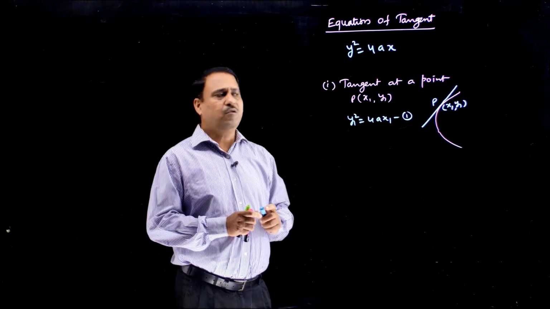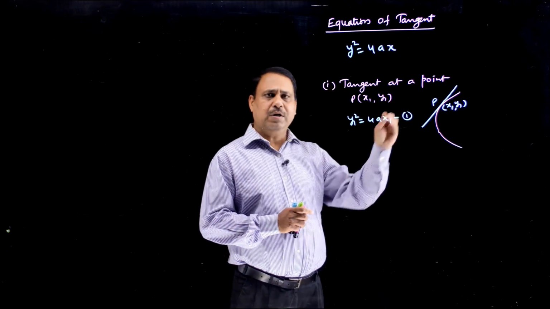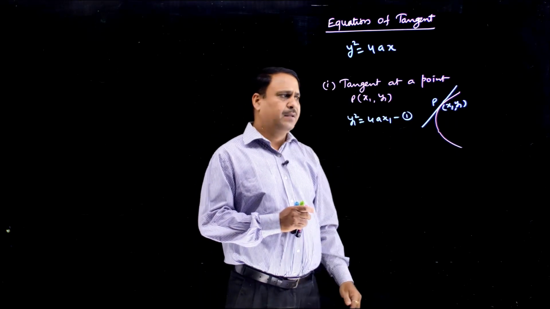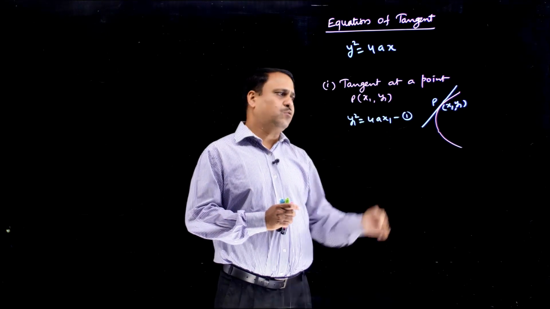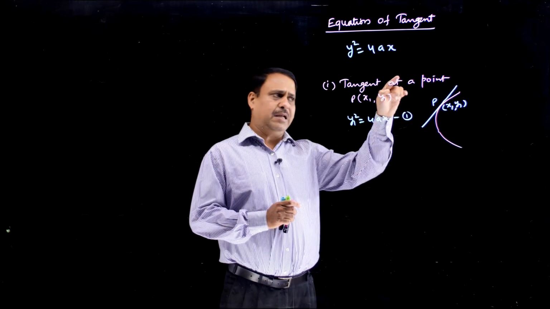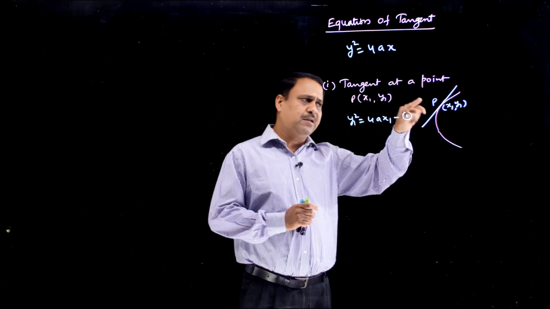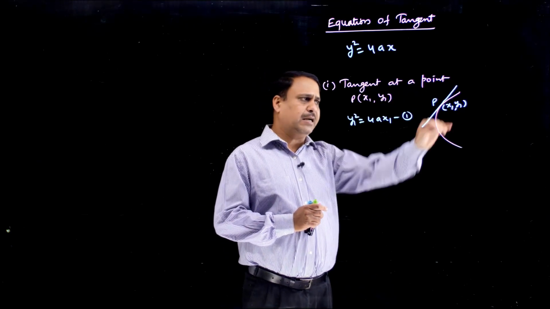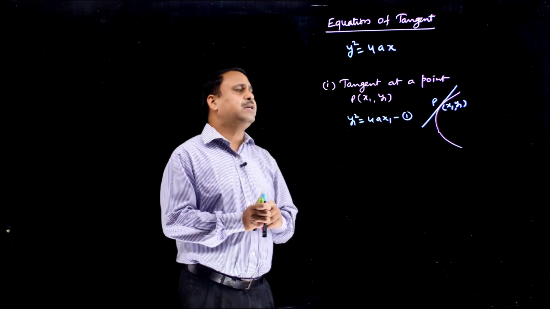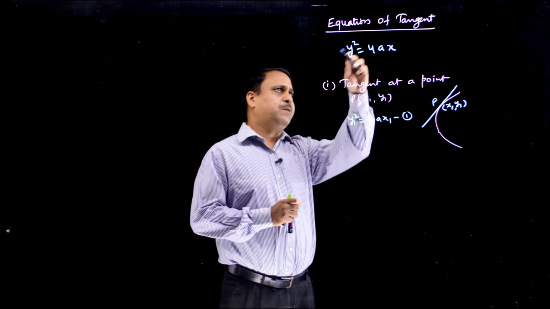Now, how to find the equation of any line? The point is known, the line is passing through this point. I must know the slope of this line, and the slope of this line is tangent. So the slope of the tangent is given by the derivative of the curve, dy/dx at that point. So I will differentiate this parabola with respect to x.